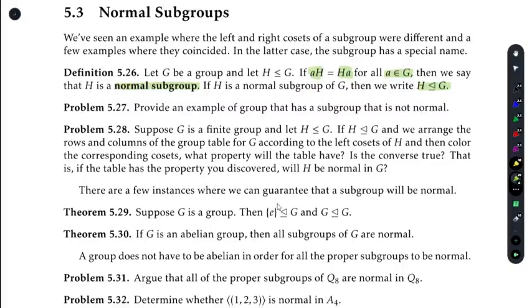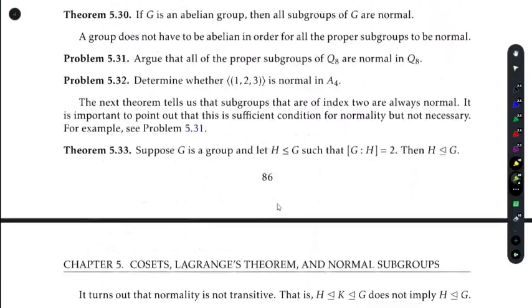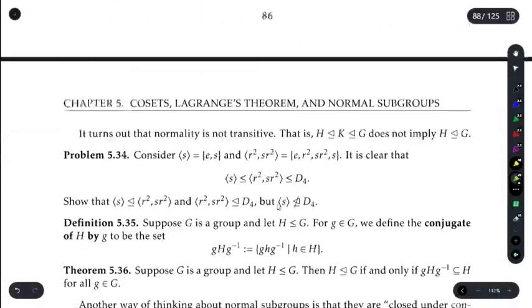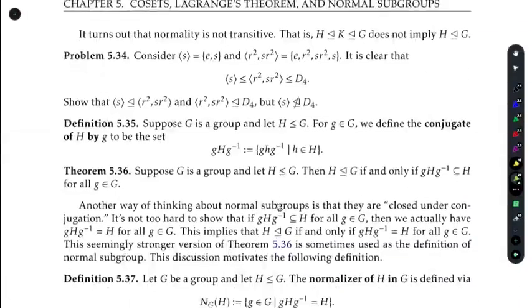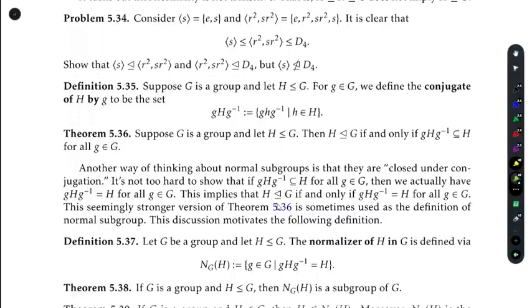We went through some things about normal subgroups, and you're proving some things about normal subgroups for your final project that's due at the end of the week. We ended up finding that the normal subgroup property is not transitive.